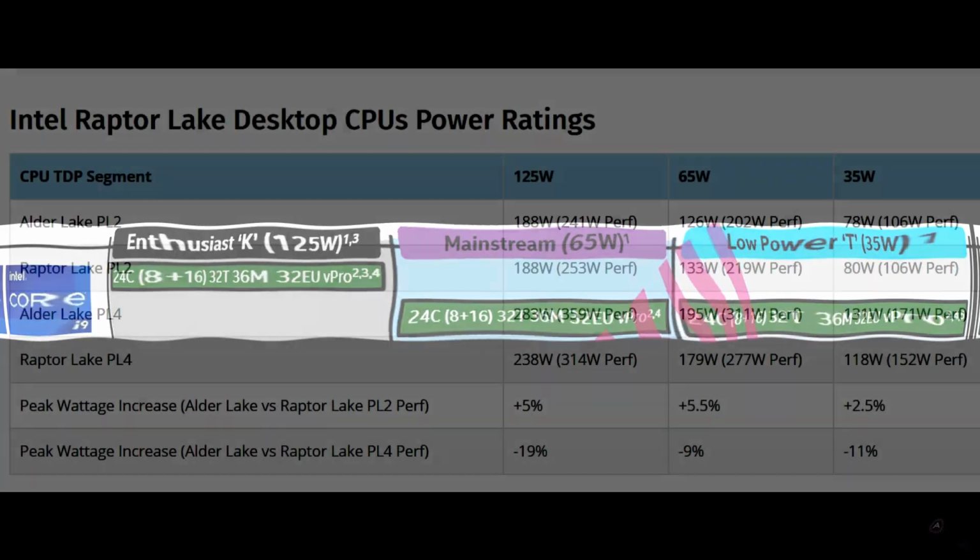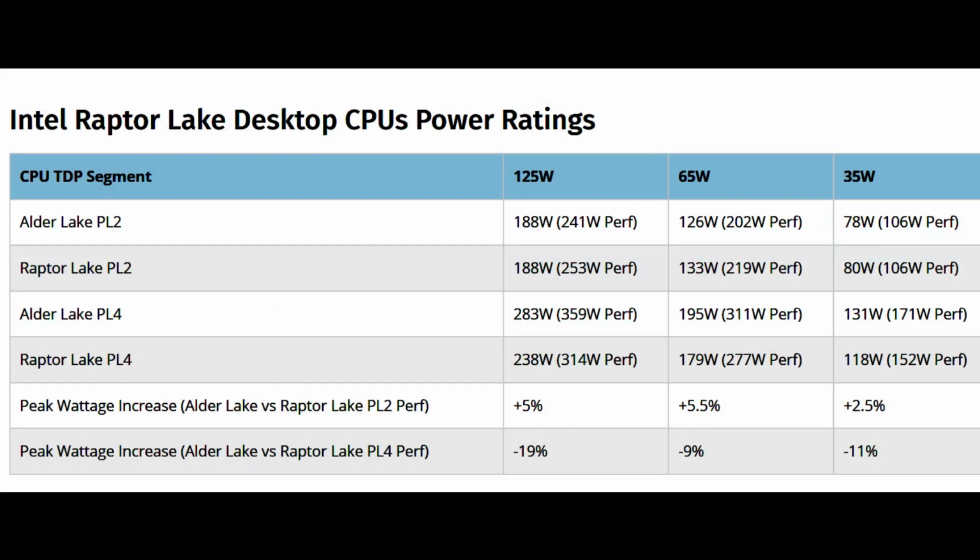You can notice that the PL4 rating is lower due to the newly introduced reactive operation, but the PL2 rating has gone slightly up compared to Intel Alder Lake, 253 watts versus 241 watts.